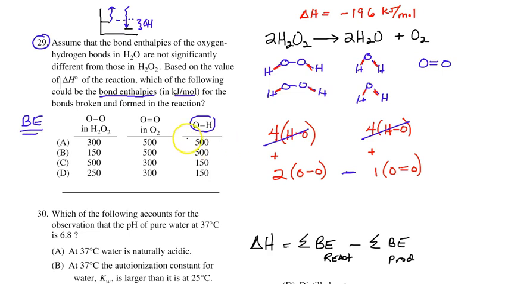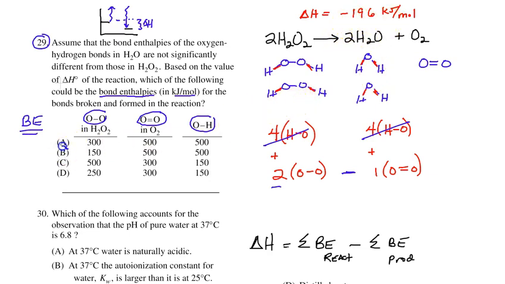I'm just going to look at the O to O single bond values and the O double bond value, as these will cancel out. Now remember, I have to multiply this one by 2. So what can I multiply by 2 and subtract the singular value from to give me negative 200? That's what this comes down to.